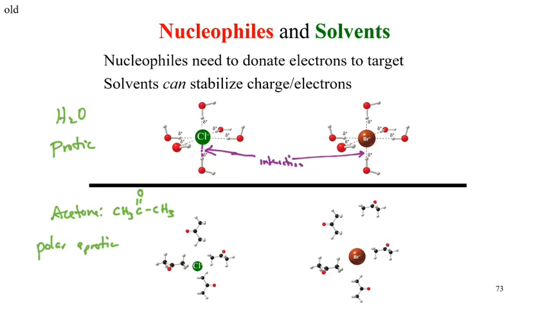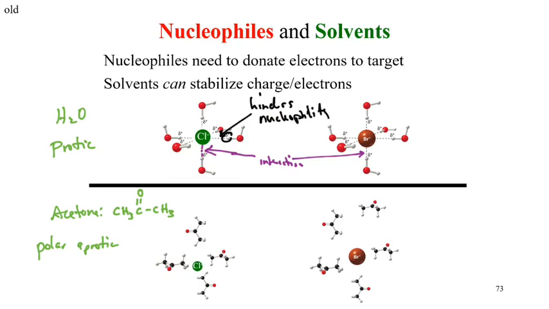Well, chloride is more electronegative than bromide, which means the negative charge on chloride is more compacted, or stronger, which then means the hydrogen positives are more strongly attracted to it. So for the chloride to act as a nucleophile and react somewhere else, we have to break those very strong interactions. So the solvent actually hinders the nucleophilicity.